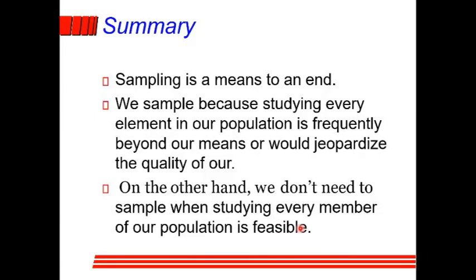So, we need to prove something. Kaya tayo nagsa-sample or kaya tayo gumagamit ng mga probability sampling, non-probability sampling is we need to prove something. So, kung feasible siya, sabi is, we don't need to sample when studying every member of our population is feasible na siya. So yung iba, kaya nag-study is to determine if feasible ba siya or hindi.